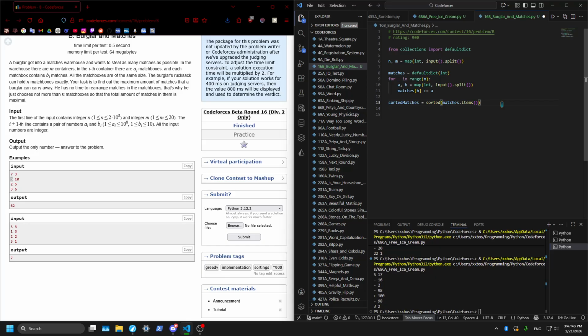Alright. Now, matches dot keys. There should be keys, and then we should loop through for box in sorted matches.